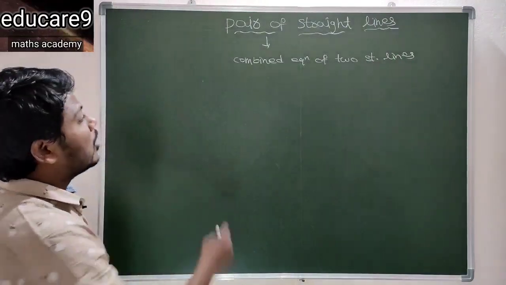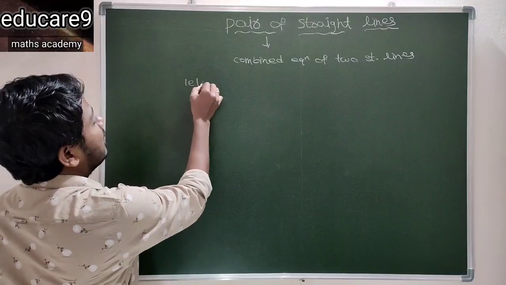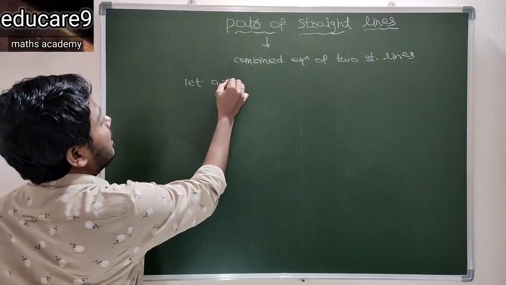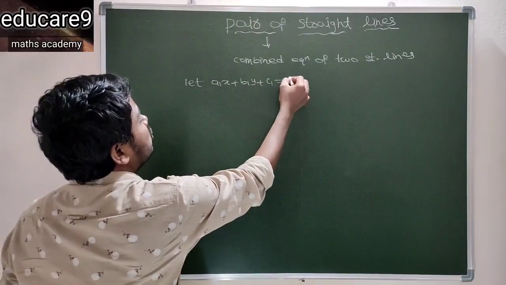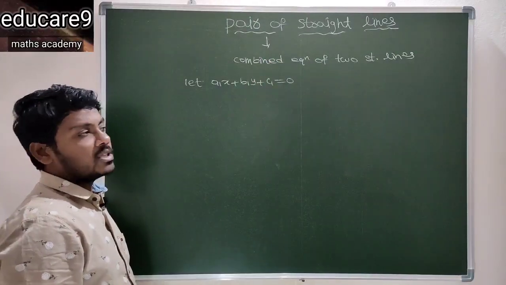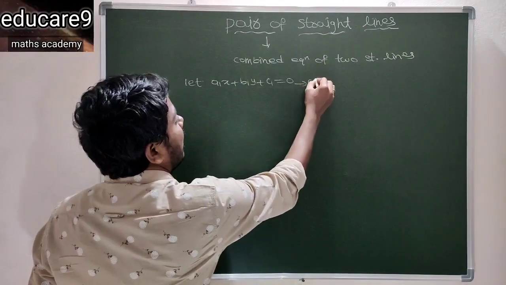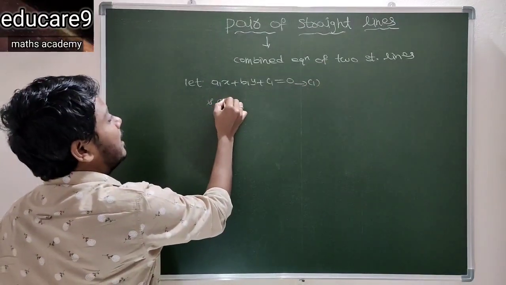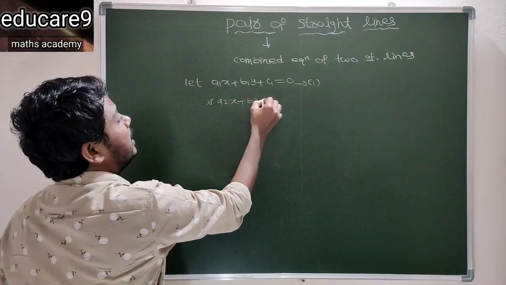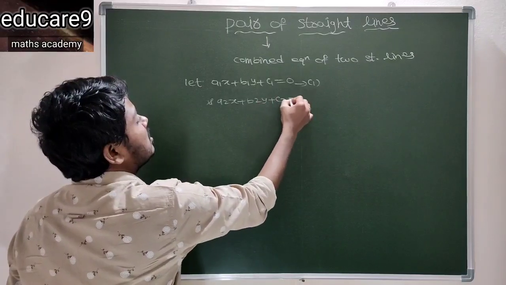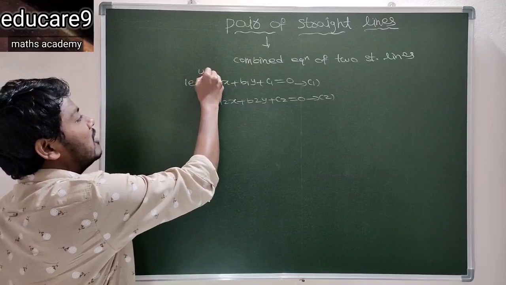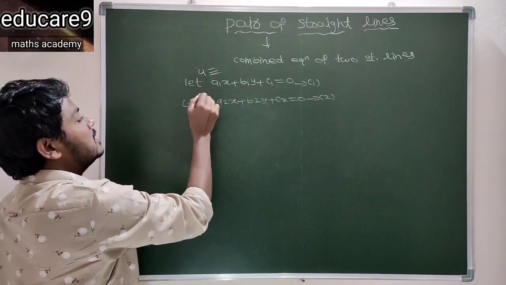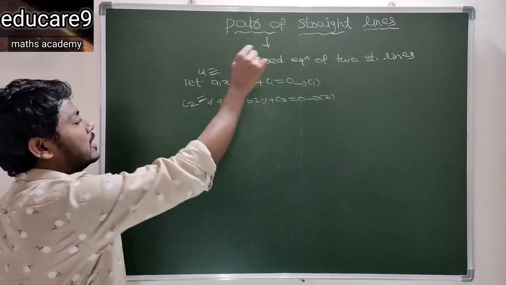For example, let a1x plus b1y plus c1 equals 0. This is one of the straight lines, and a2x plus b2y plus c2 equals 0. This is L1 straight line and this is L2 straight line.